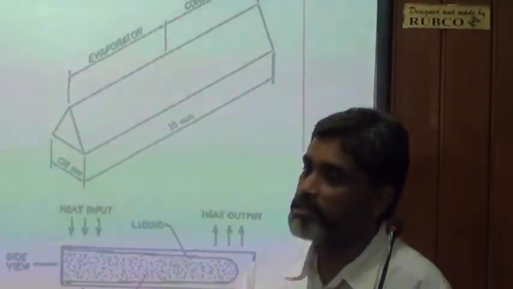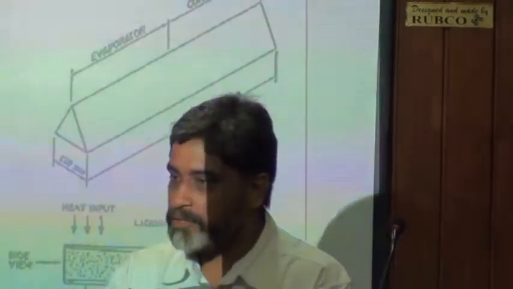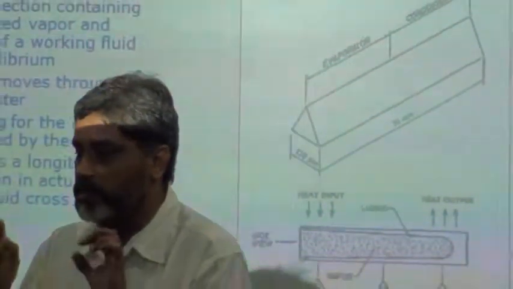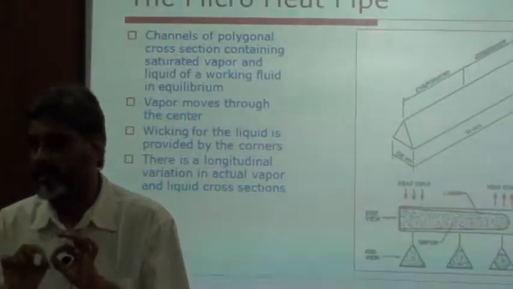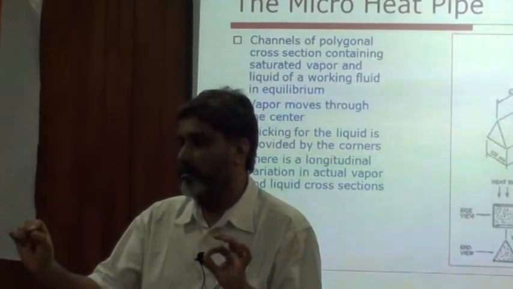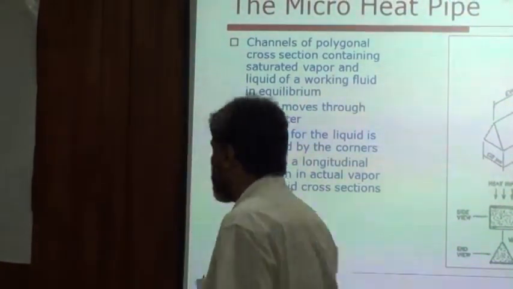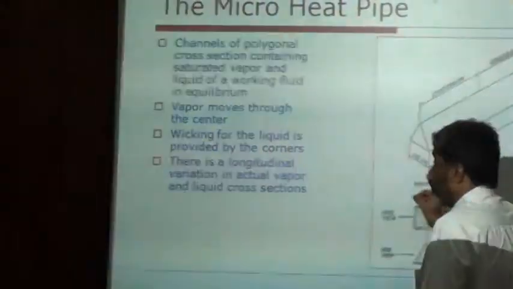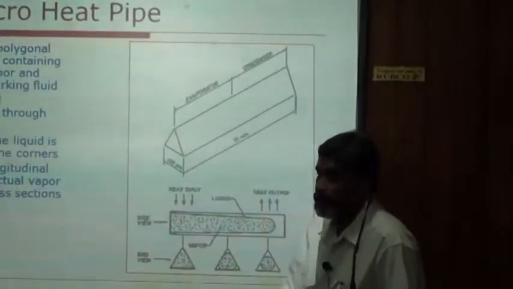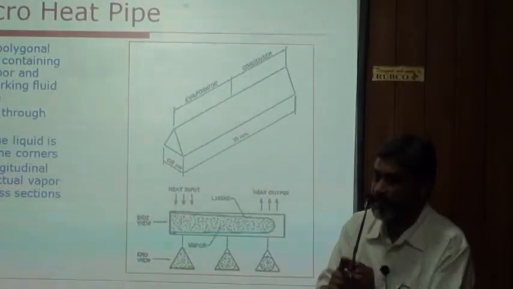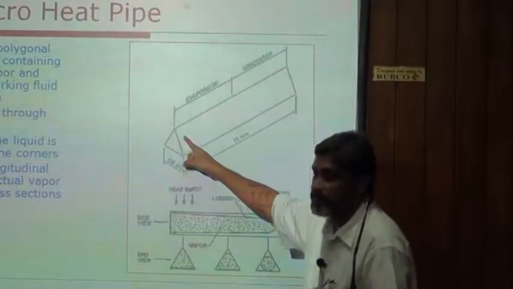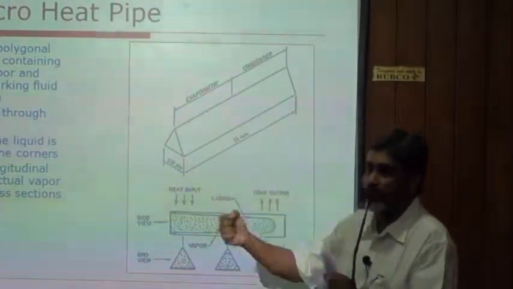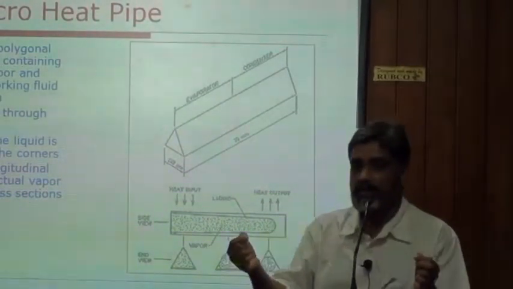So I don't have any extra wick for this. The corners of these channels themselves act as the wicking, and the central region of these channels acts as the vapor space. So, as I was telling, what makes this happen is the size itself. Only if it is small does this work, and this angle should be appropriate, so that there is sufficient capillary action produced by the corners.